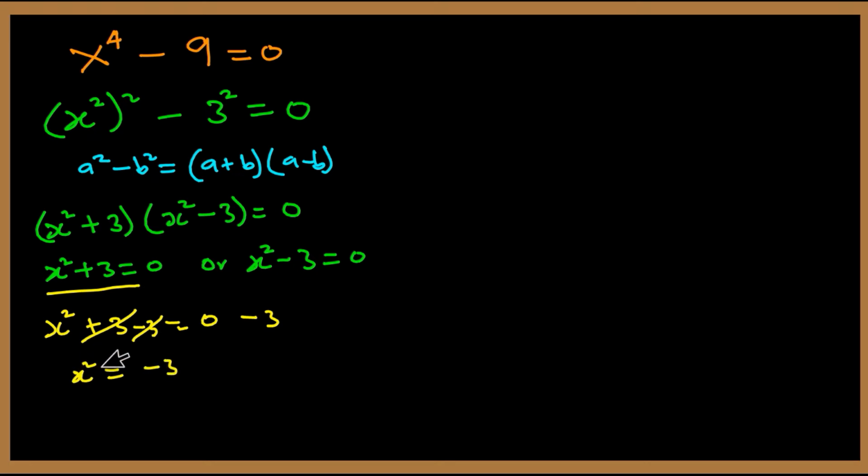Since we want to find the value of x, we take the square root on both sides of the equation. And mind you, this is plus or minus. Right, so these two will take care of the square root, so we are left with x is equal to plus or minus square root of negative 3.